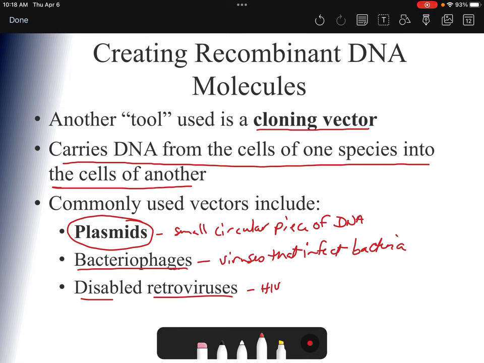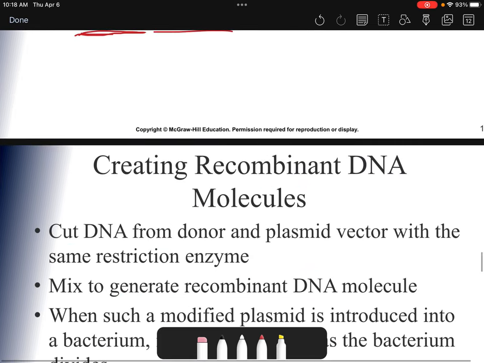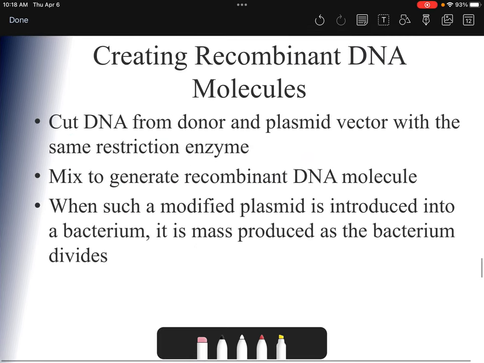You obviously wouldn't want to inject that into somebody, but any kind of retrovirus that they use, these are RNA viruses, meaning that they have to go backwards and use reverse transcriptase, reverse transcription, to make their DNA. So a lot of times they'll use disabled ones. They don't carry any infection with them, but they can be helpful in bringing that DNA in there.